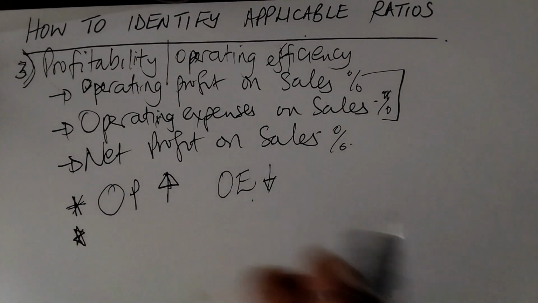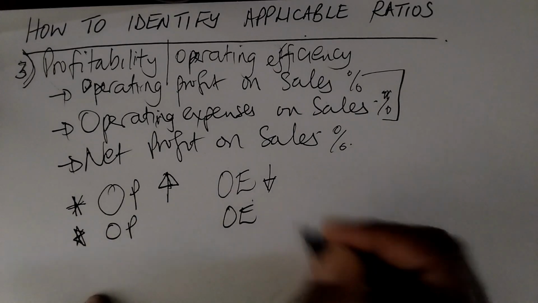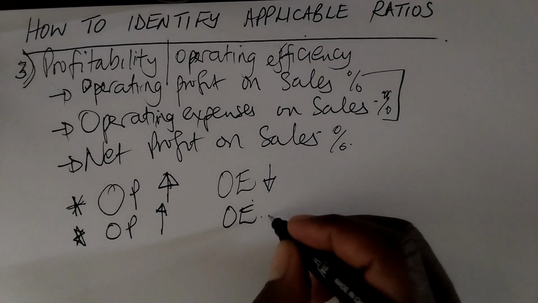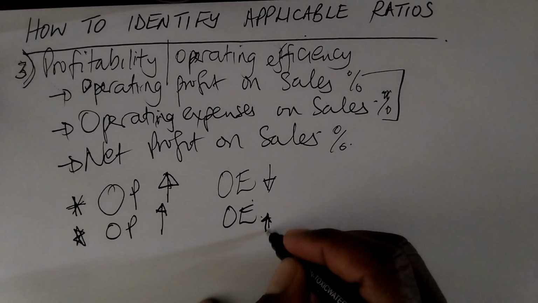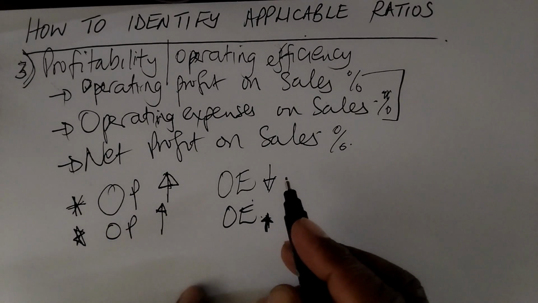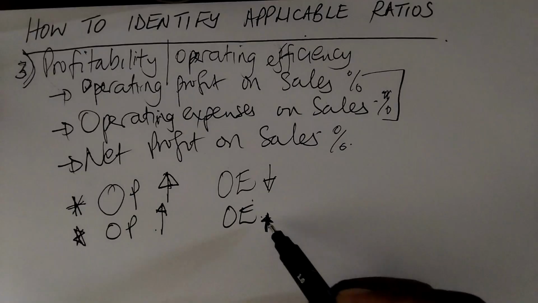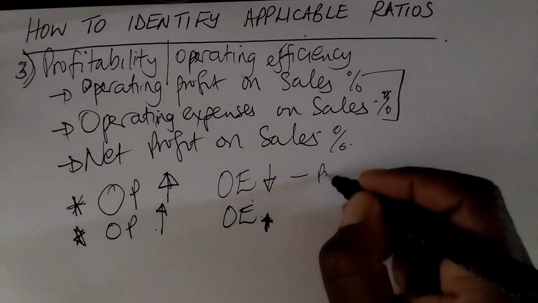And then, because we know that both of them are usually going up, the best scenario will be that if they're both increasing, the magnitude of the increase between operating profit and operating expenses must be different. Operating profit must increase more than operating expenses, which means in this case, you end up with a profit.